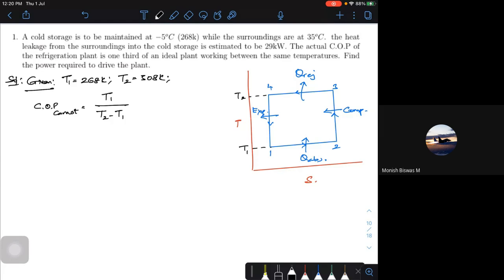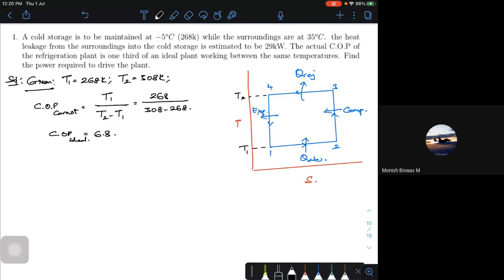COP of Carnot is given by this formula. T1 is 268, so 268 divided by 308 minus 268. I am getting my COP of Carnot as 6.8. This is the COP ideal, or Carnot.